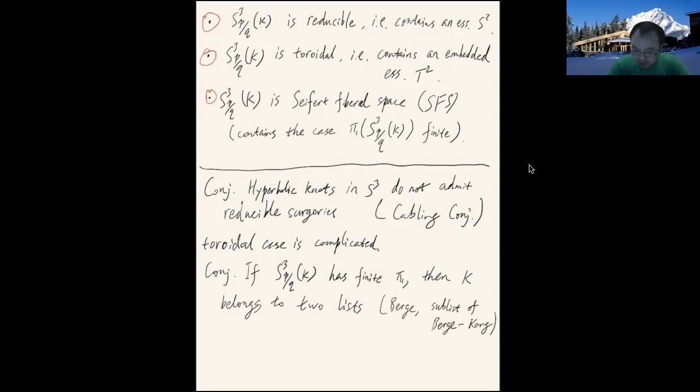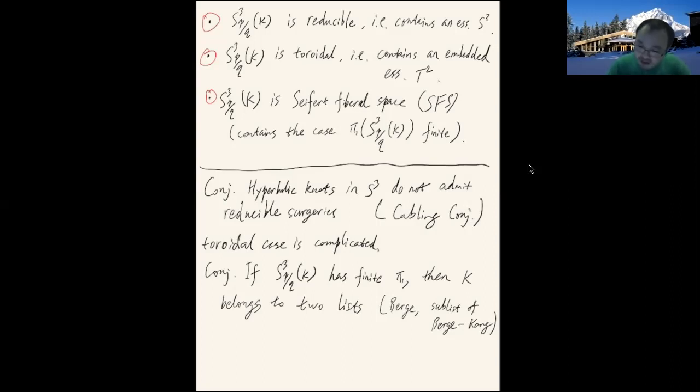A special case of this conjecture is also known as the Berge conjecture. So these are some main conjectures about exceptional surgeries. And I know some people in the audience have made a contribution to this conjecture.